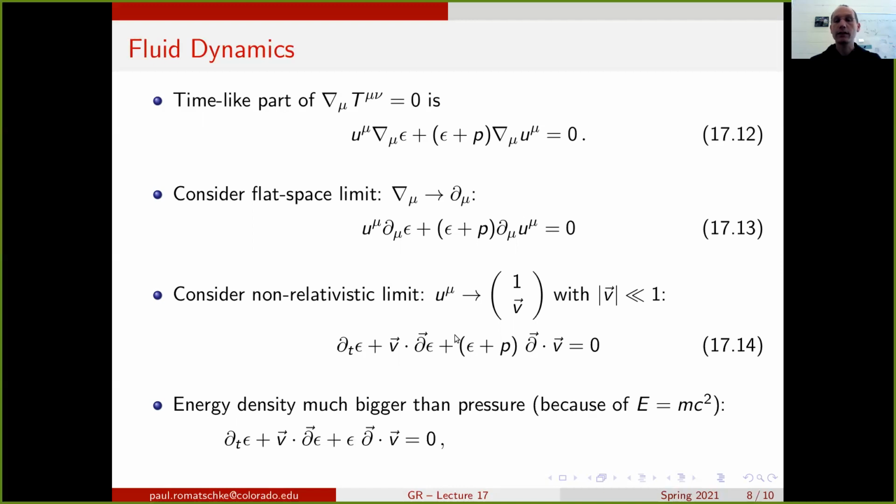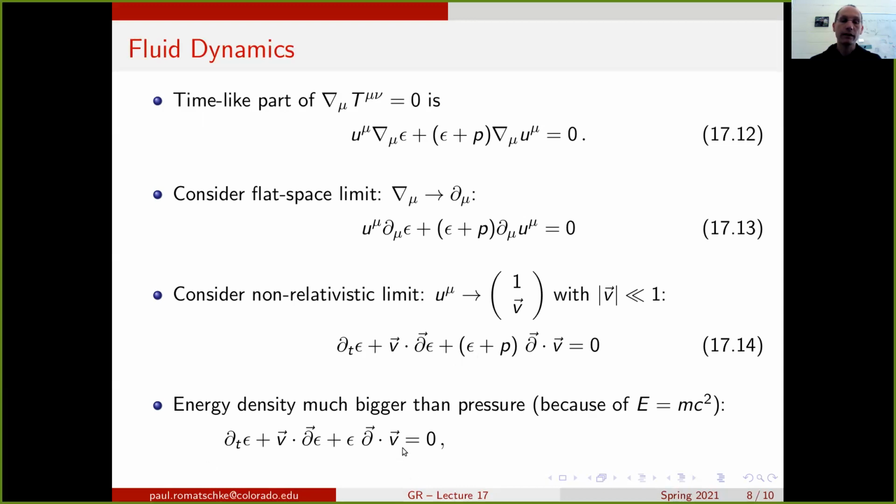And the reason for this is that the energy density contains the mass density. So via the relation E = mc², we find that in this case, the energy density is always much, much bigger than the pressure. And we can neglect the pressure in this combination ε + p.